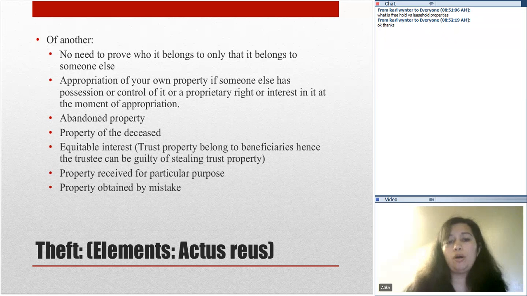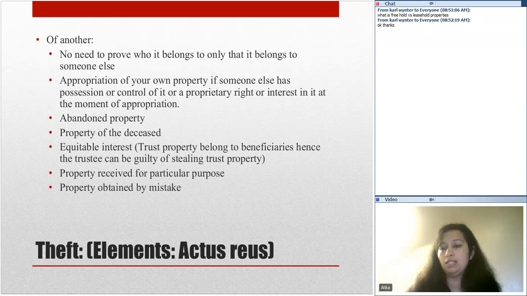Appropriation of your own property, if someone else has possession or control of it, or a proprietary right or interest in it at the moment of appropriation. How does that work? How can you steal your own property? I don't understand. Can somebody have an idea?